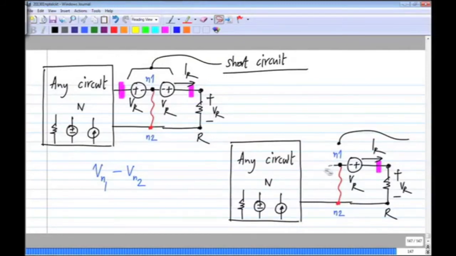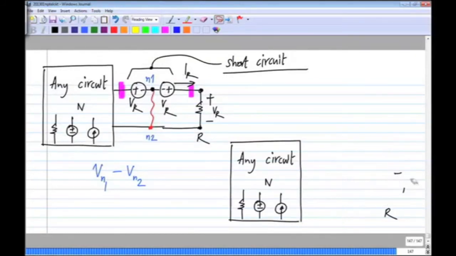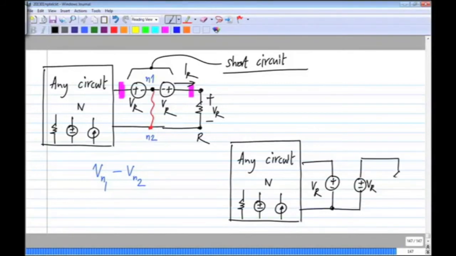I'll have VR across this, and you have something hanging from here which is VR and this resistor, but you can see again that the current in this wire is definitely going to be 0, so that part can be removed from the circuit.